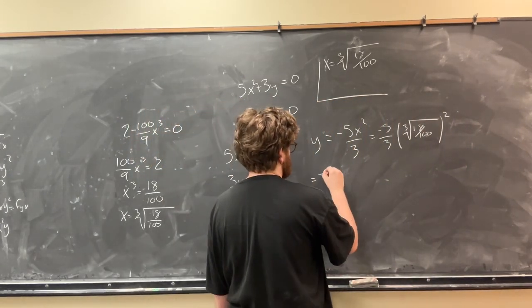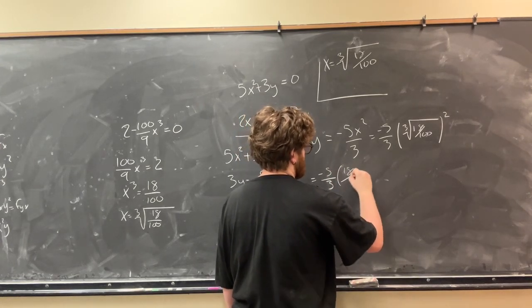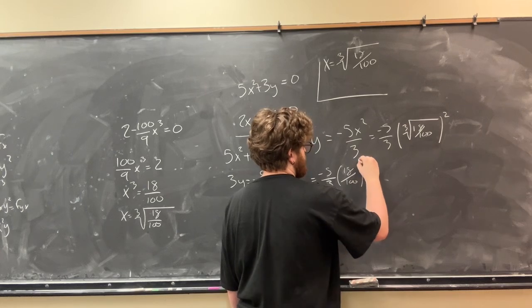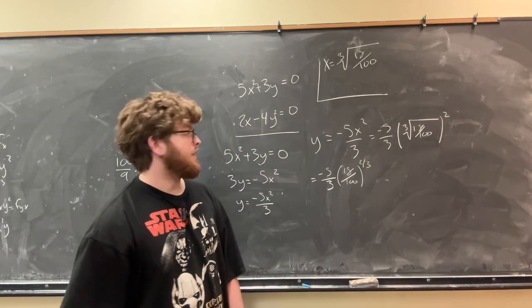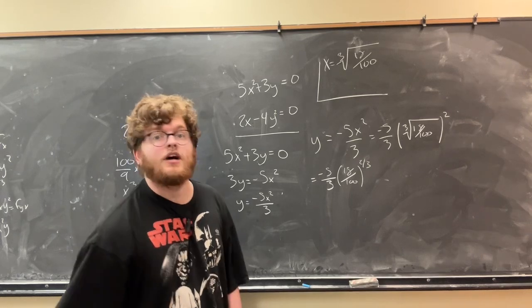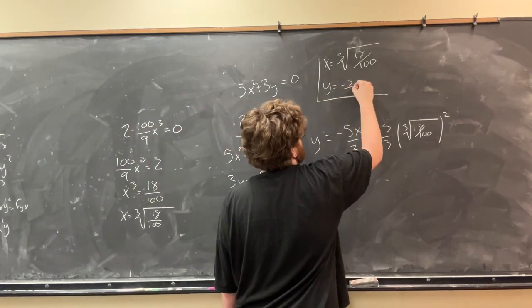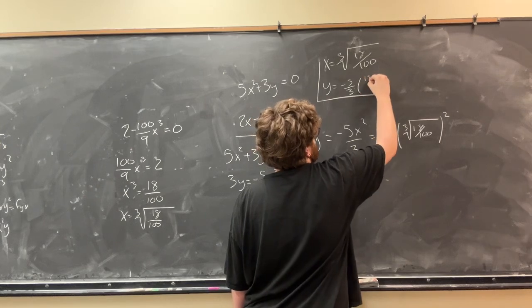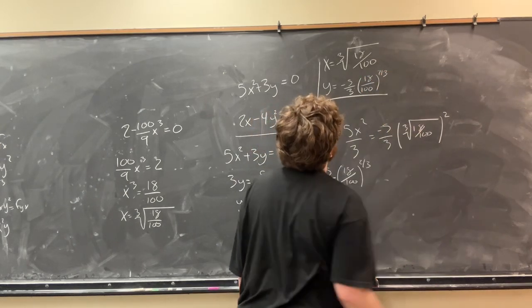This is going to be negative 5 over 3 times 18 over 100 to the 2/3. Honestly, I'm just going to leave it like that. It's a kind of gross answer, but again, I made up this problem. So y equals negative 5/3 times 18 over 100 to the 2/3.